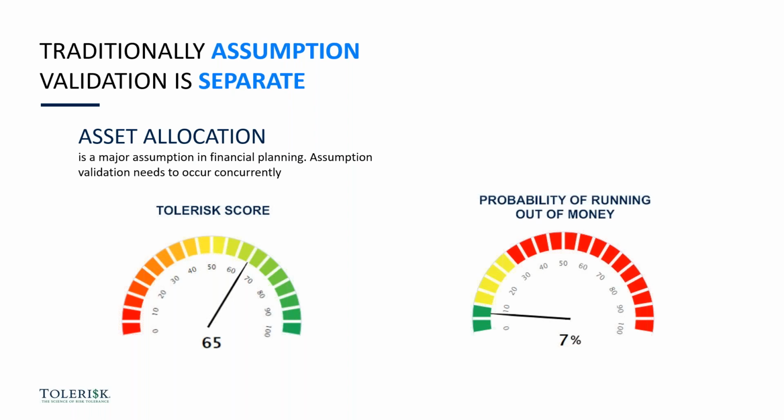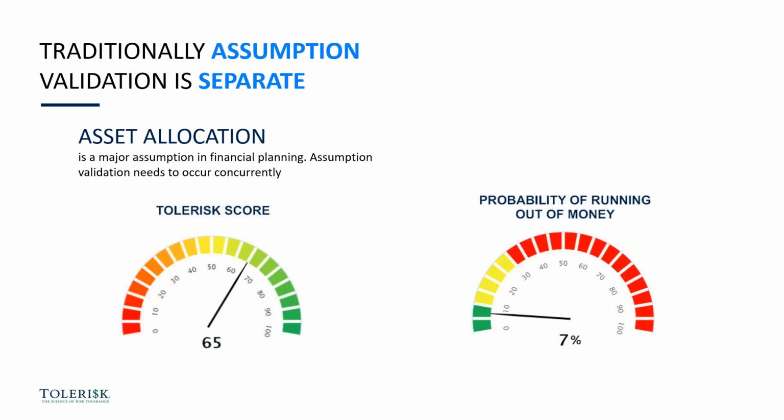So one of the things that a lot of planners face is that their clients have already selected an asset allocation before the financial planning process is done or redone. So in other words, they're doing a financial plan based on an existing asset allocation.